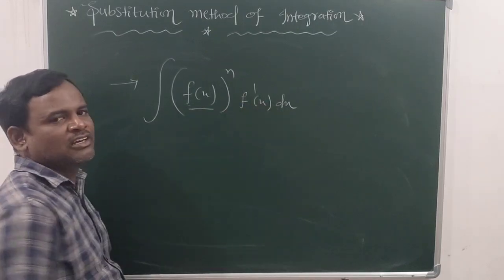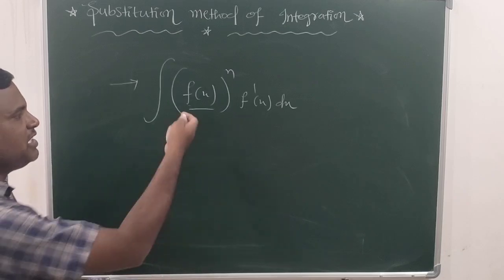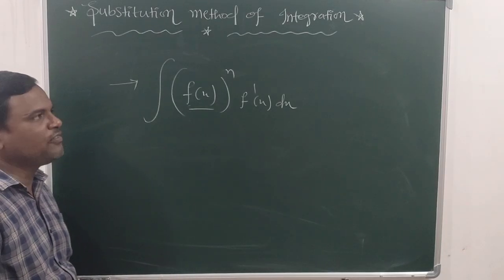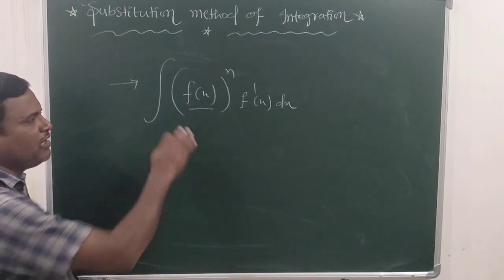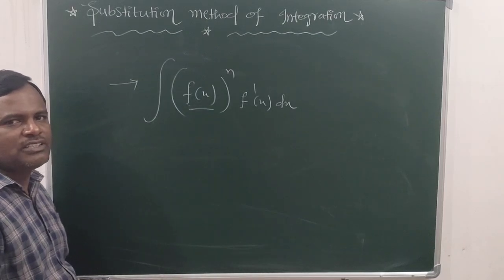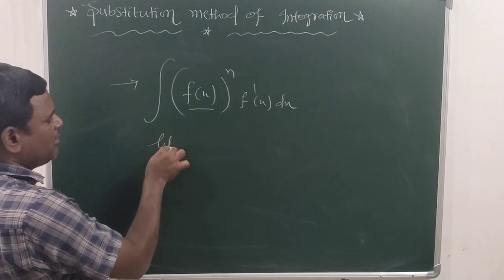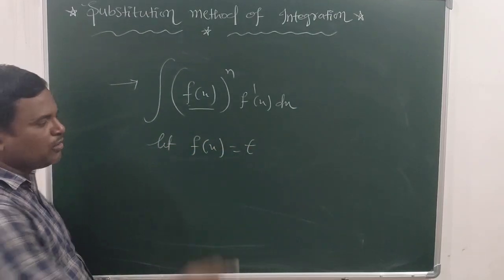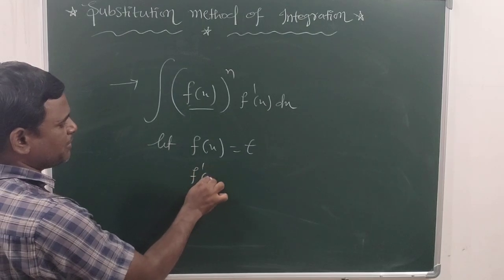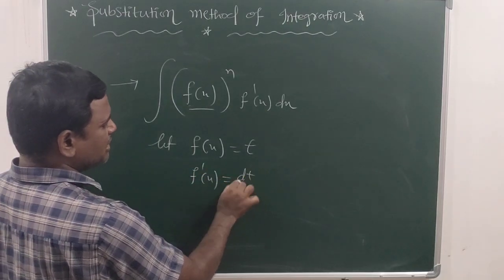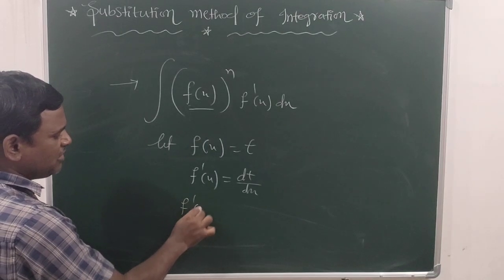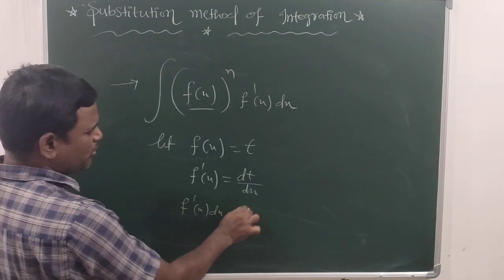In such a case, how do you evaluate this integral? Same, by following this method of substitution. Here you have to consider f of x equal to t. Now do the derivative on both sides with respect to x. f dash of x equal to dt by dx. Then f dash of x dx is equal to dt.